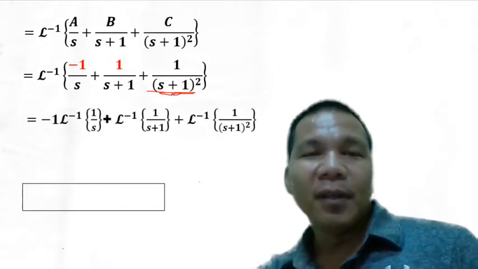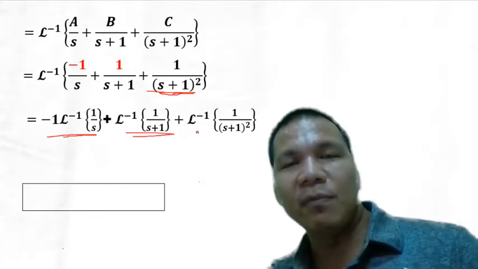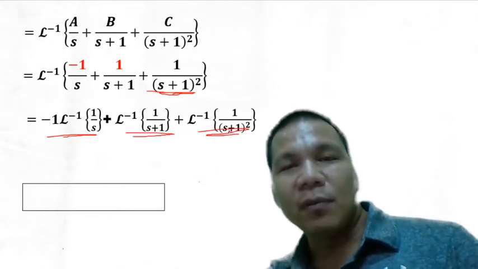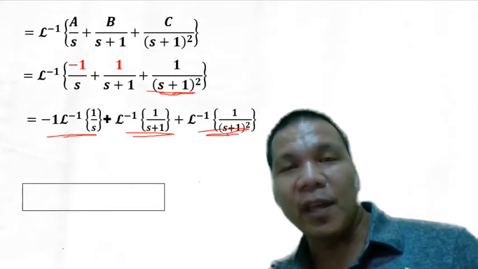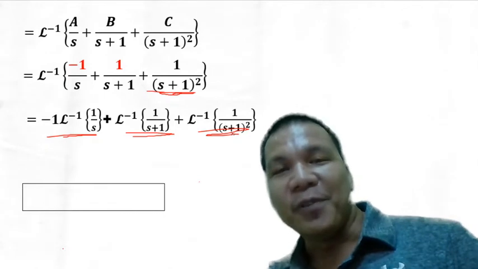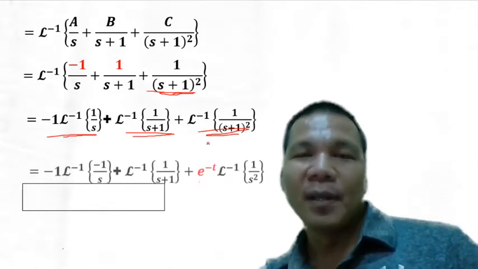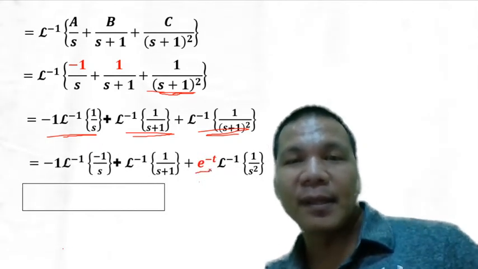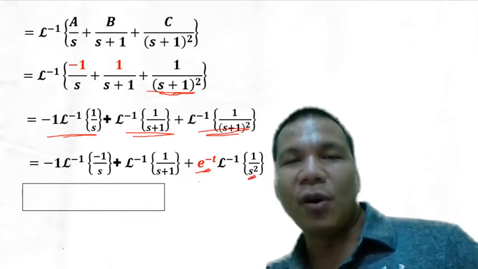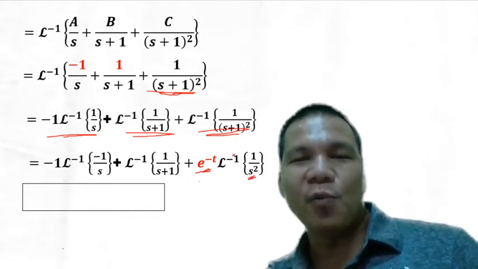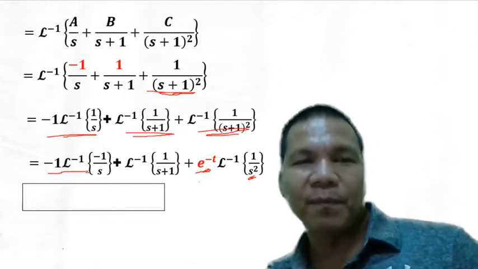So now, taking the inverse Laplace transform of each term, this will be left. Take note, in the third term, you have your shifted s value. If we are going to take out 1, that will result to e raised to minus t, leaving you s squared. And we know what is the inverse Laplace transform of 1 over s squared. So take the inverse Laplace transform of this.